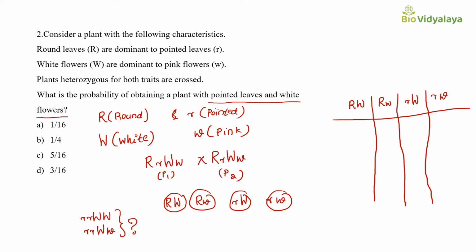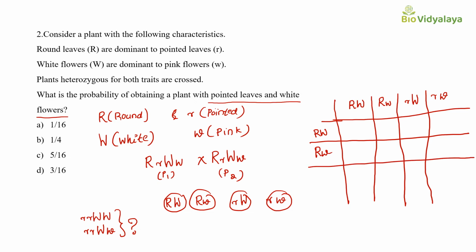Okay. Next is P2. Capital R, capital W. Then capital R, small w. Then small r, capital W. And small r, small w. Okay.